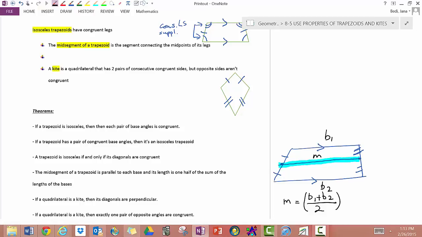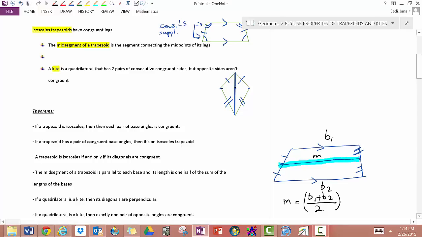If a quadrilateral is a kite, then its diagonals are perpendicular. So in the kite above, let's try that again. Okay, I'm being a perfectionist here, but that's okay.